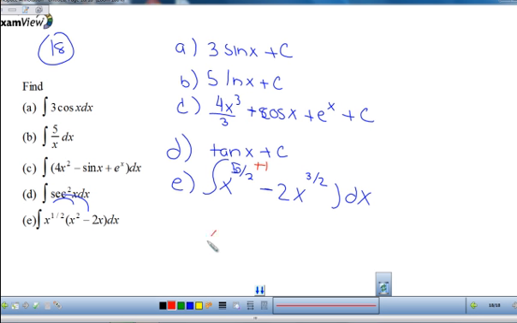So I'm going to get x to the 7/2 divided by the new exponent, or multiplied by the reciprocal. Then, again, 2 is a coefficient, so I'm going to bring it down.